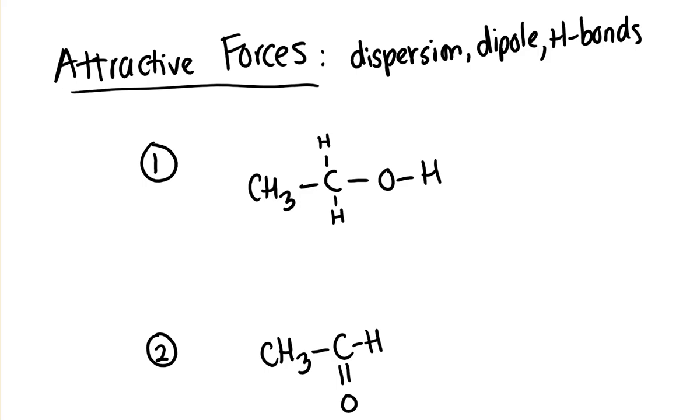Let's talk about what's in each group. These attractive forces were covered at the end of lesson 4. If you need to, go back and watch that video or read the PowerPoint about attractive forces, which might really help you with what's going on here.